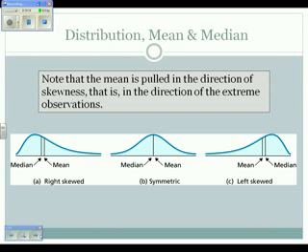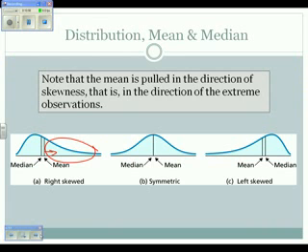Okay, so in the distribution, when we have right-skewed data, which we talked about last time, and left-skewed data, the skewness tends to affect the mean and the median as well. So if we have right-skewed data, then our mean will be pulled more to the right.